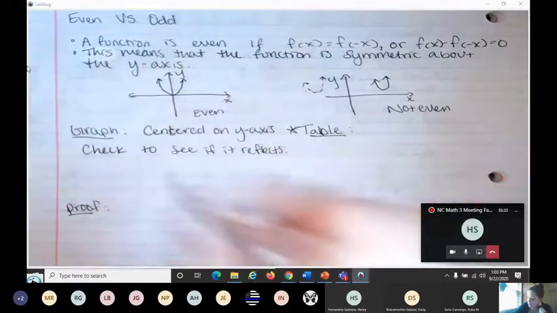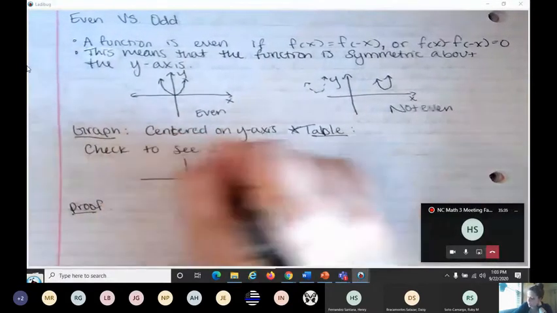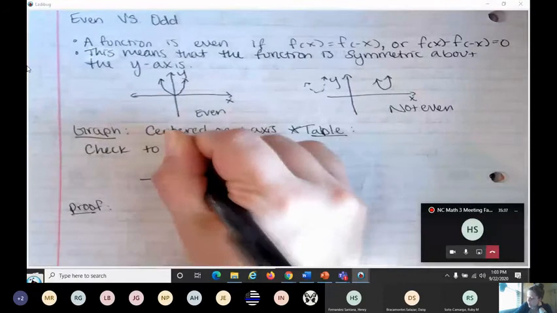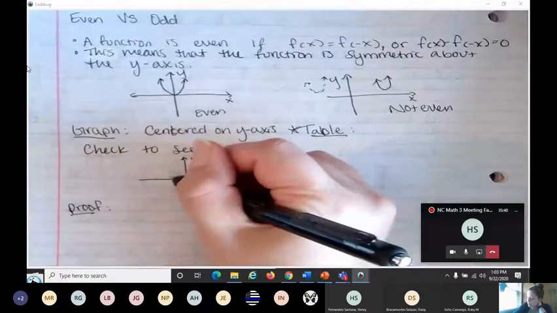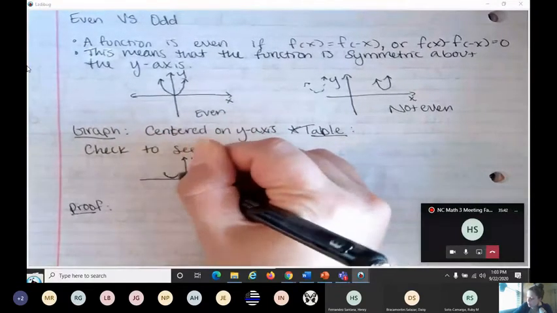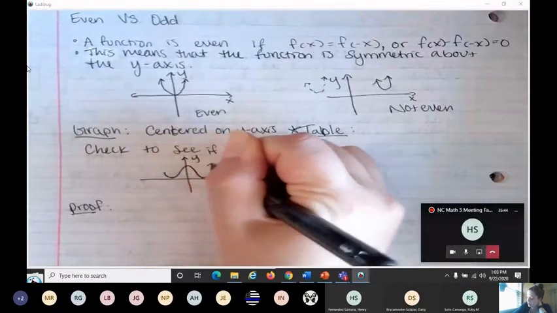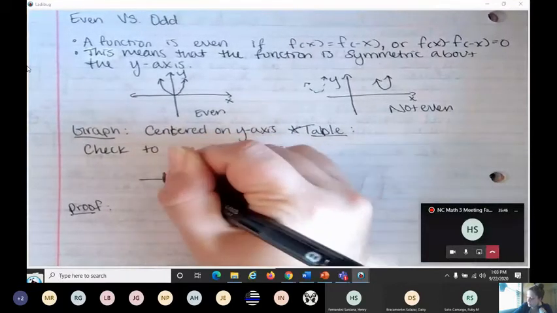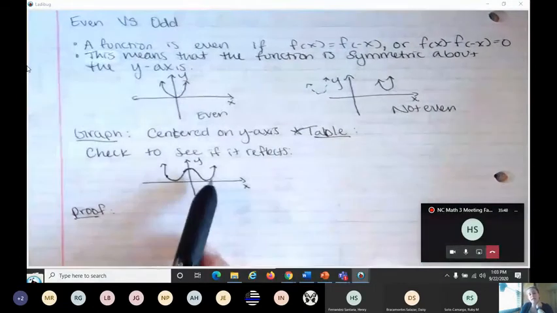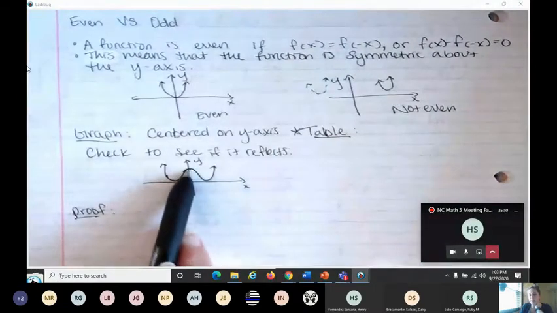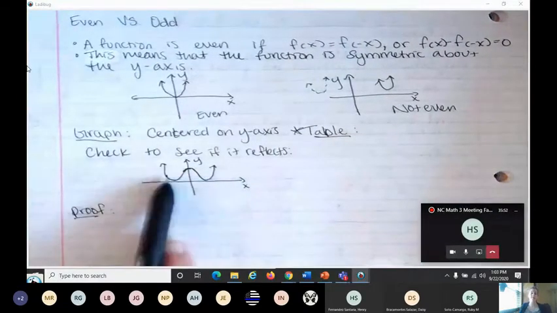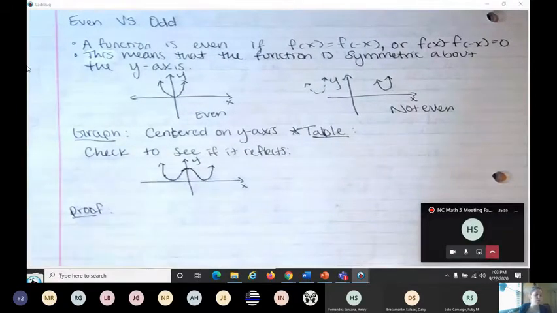I'm going to do an example here that we haven't done yet. So here's our x-axis, here's our y-axis. Maybe you have something like this. My drawing is not perfect. But say it's perfectly centered on the y-axis here. I can flip this back and forth as many times as I want, and it will be the same.